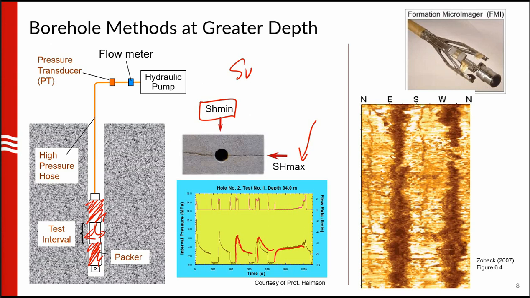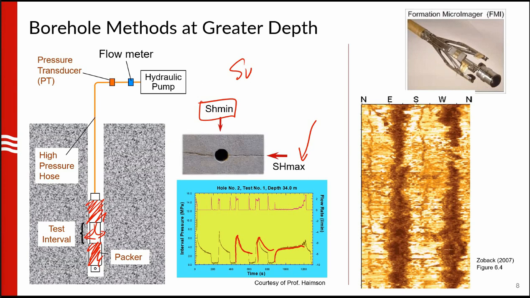But anyways, one of the most robust ways that we measure this is by looking at borehole images. So you lower a tool that looks like the one on the top right. It's called a formation microimager. Basically, it scans how the rock looks around the borehole using resistivity.